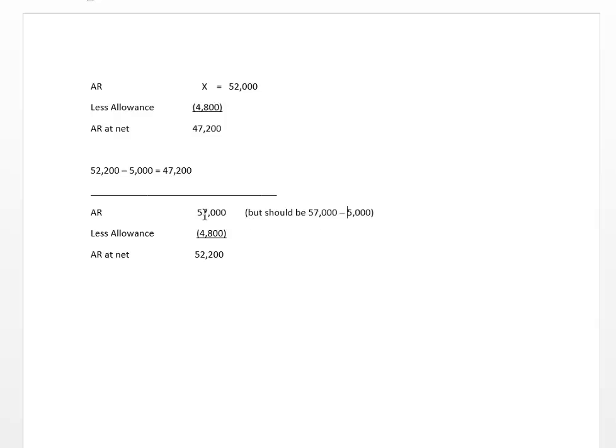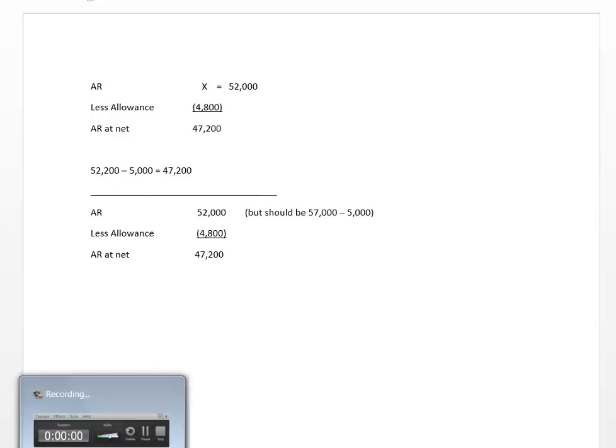And in that case, they would have got $52,000. So therefore, they would have said, well, $52,000 less the $4,800 would give me $47,200, and work from the top down as opposed to as I did from the bottom up. Either presentation is fine, but this is the one I used in the solution. So if you want to go with that one, great.